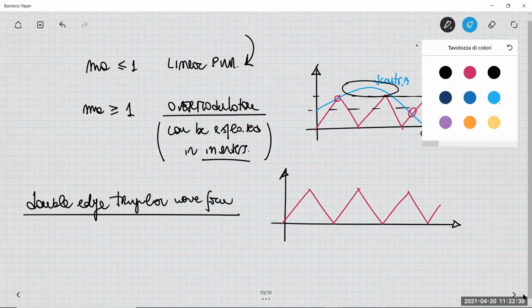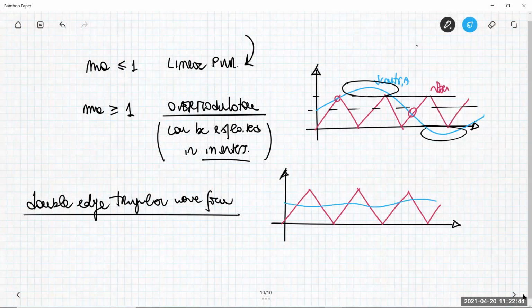Because if you have this situation, you have the triangular waveform, then you have your control signal, which is very slow, it is not fast because the bandwidth should be less than Ts.